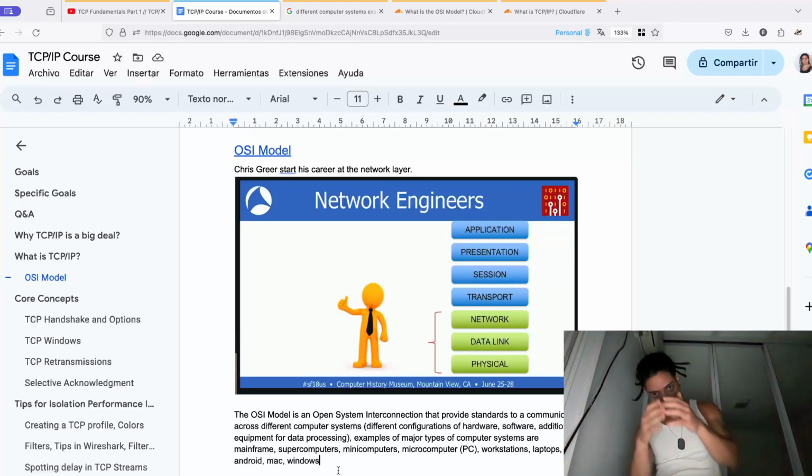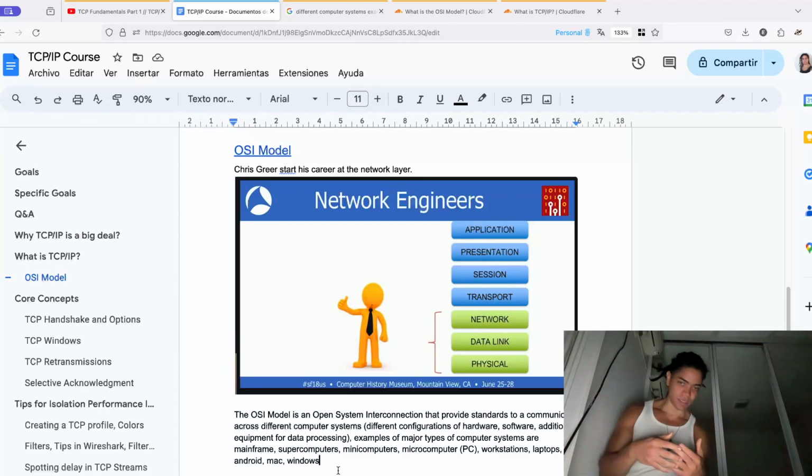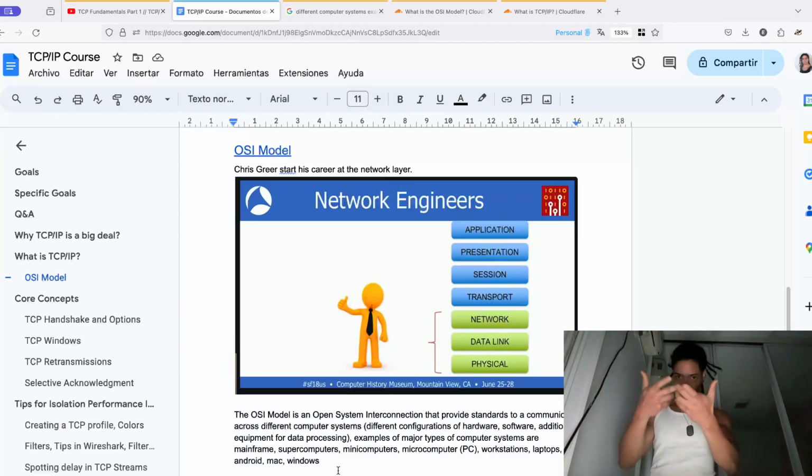So you need a standard, a language, a protocol, a way to do this. That's where the OSI model kicks in.